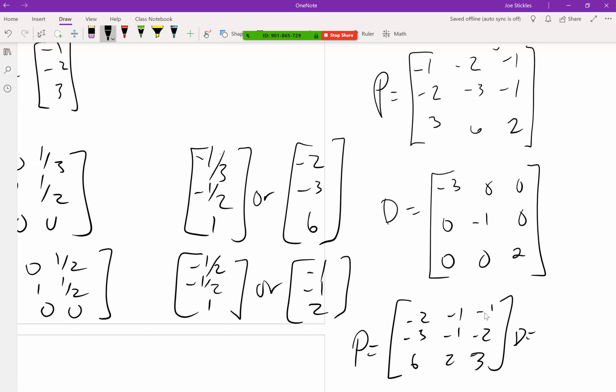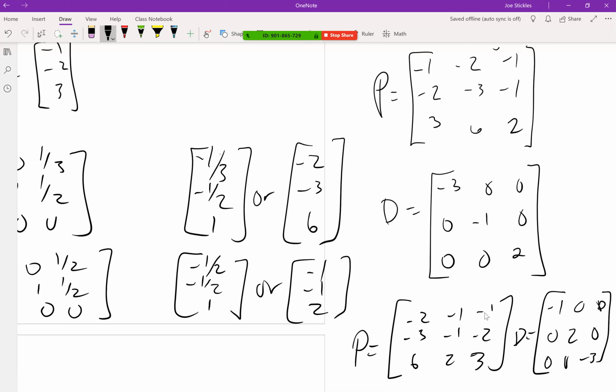Then your D would have to be -1, 0, 0, 0, 2, 0, 0, 0, -3. As long as you match up the eigenvector with the eigenvalue, you can order the columns however you want.